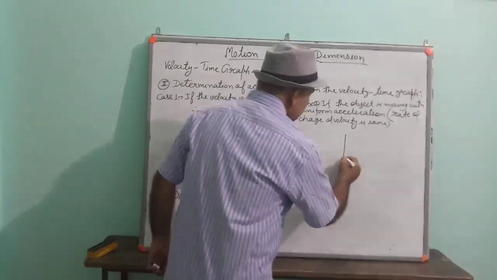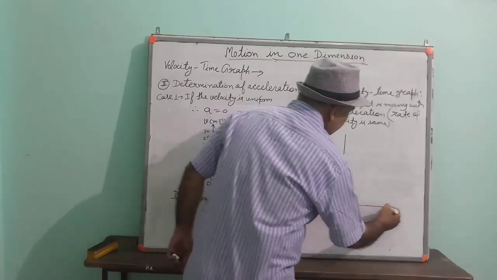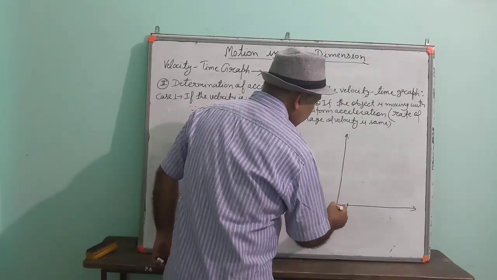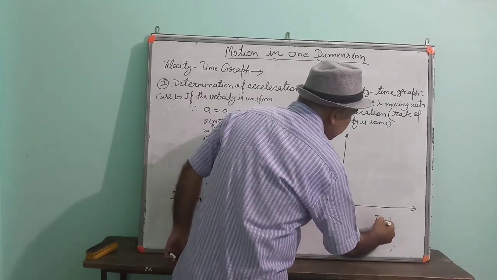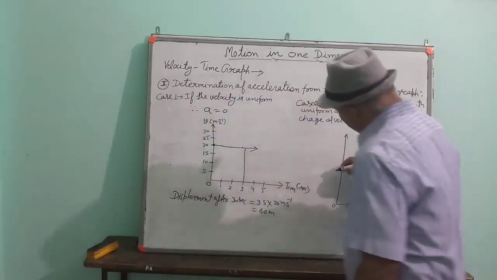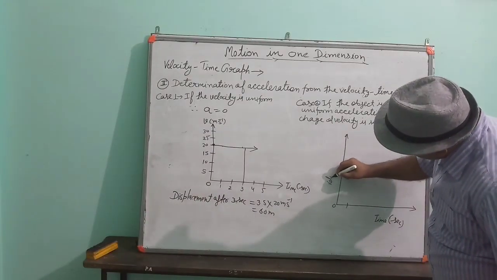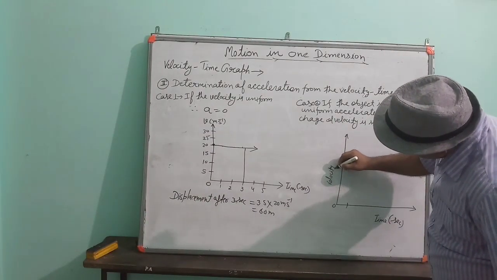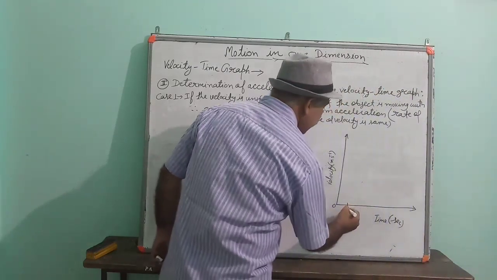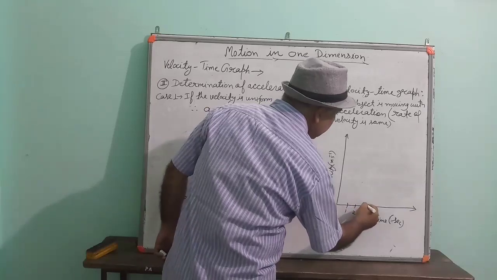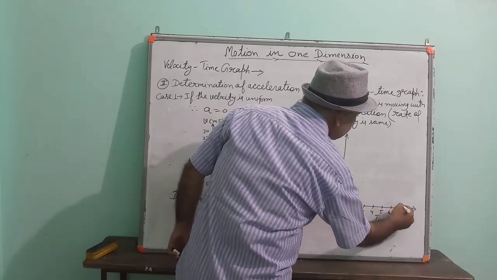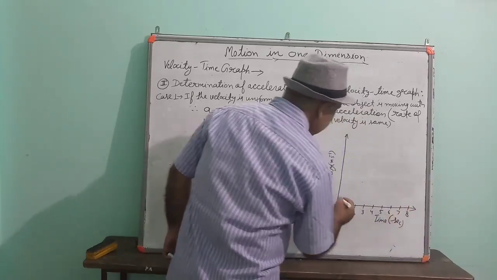See, again time will be denoted on the x-axis, velocity will be denoted on the y-axis. 1 second, 2 seconds, 3 seconds, 4 seconds, 5, 6, 7, 8 seconds.